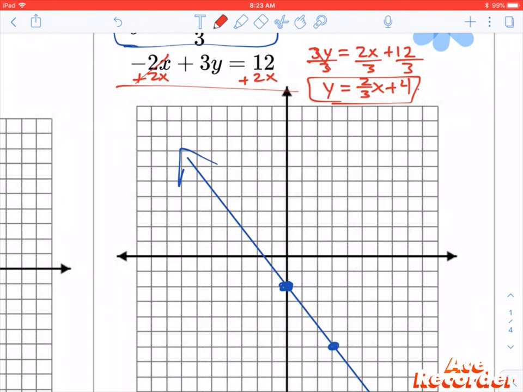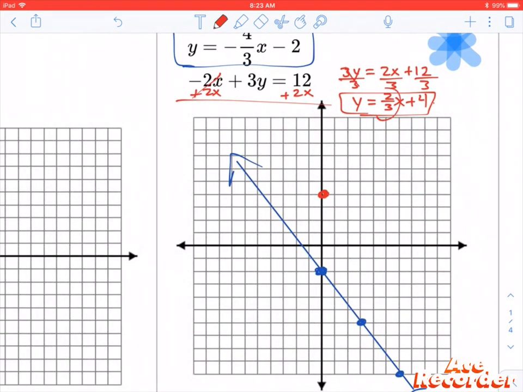So 4 is my y-intercept. So I'm going up 4 right here. And then my slope is positive 2 over 3, so up 2, right 3. Up 2, right 3. Since I'm going away from the other graph, I'm going to go the opposite way here. So down 2, left 3, and it looks like they cross about right there.